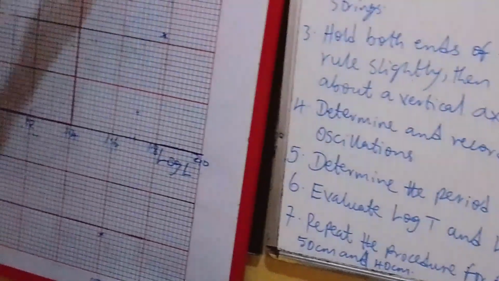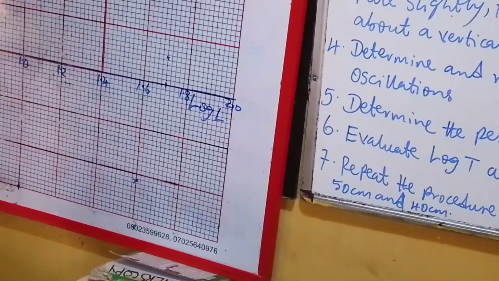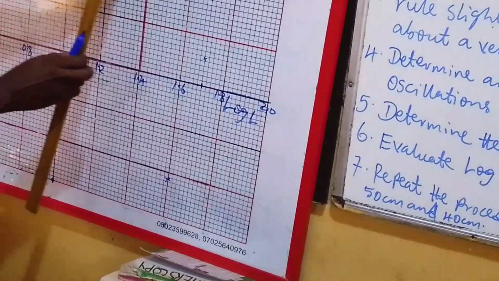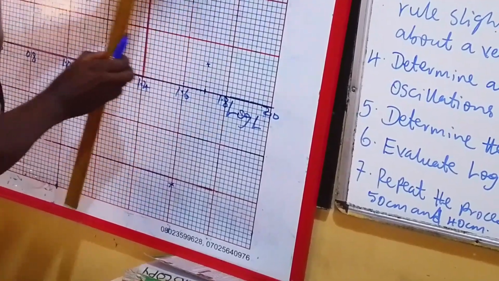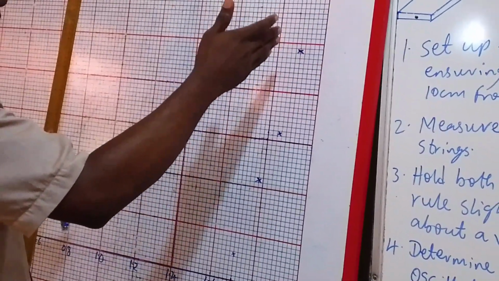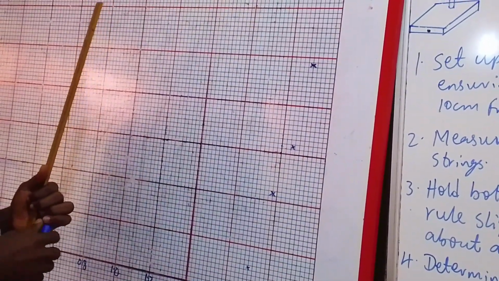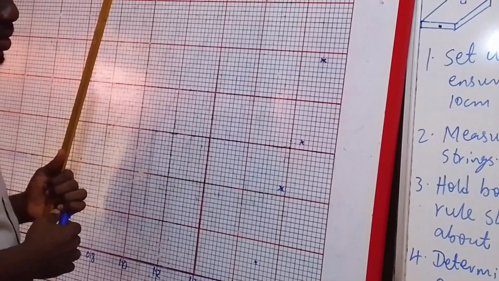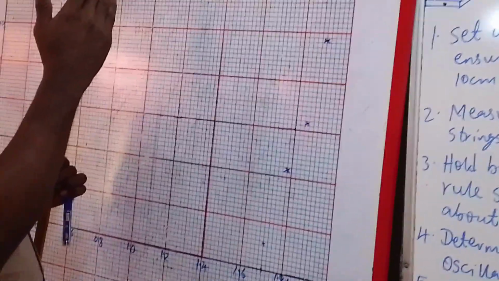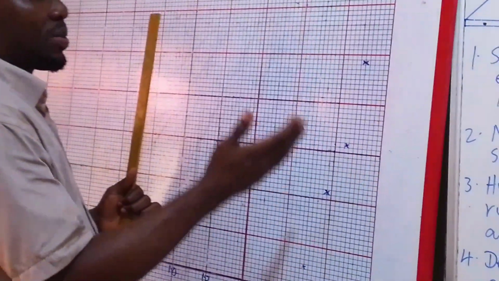And then we get our slope. Okay, so when you are joining your line, ensure that you take note of the line of best fit. If you have points that do not enter the line, then they should not be one-sided.